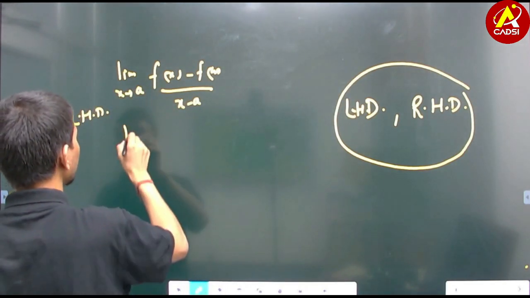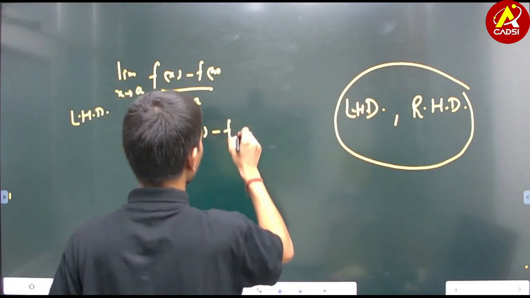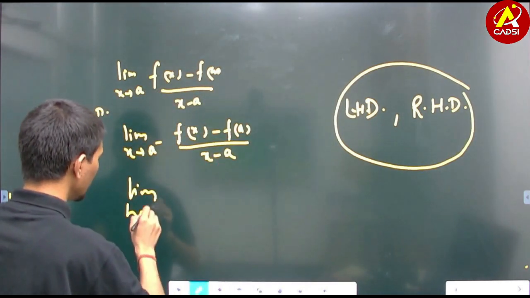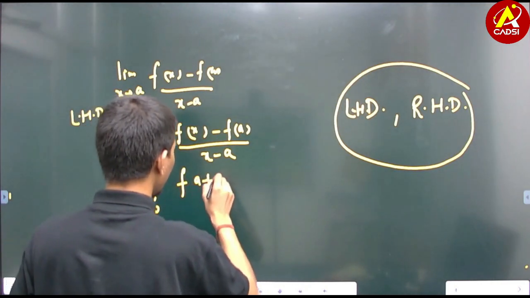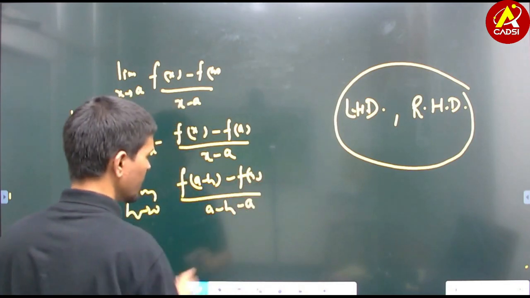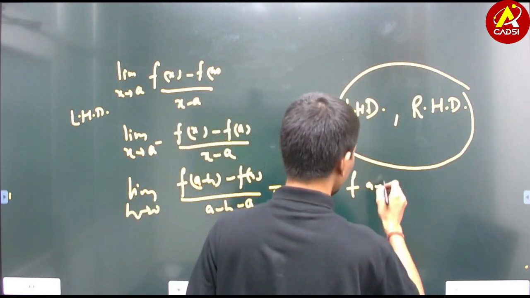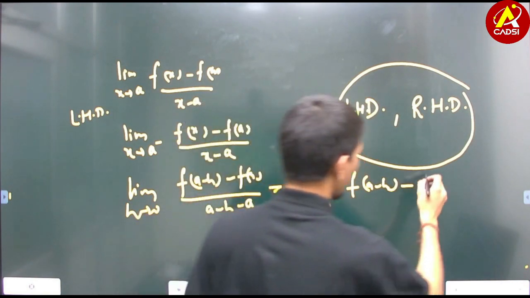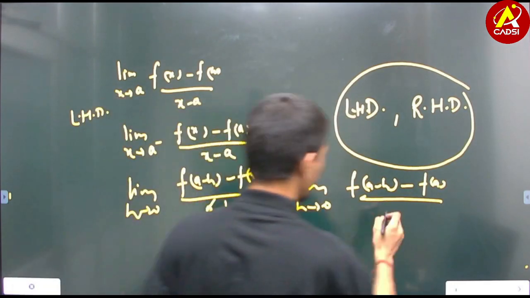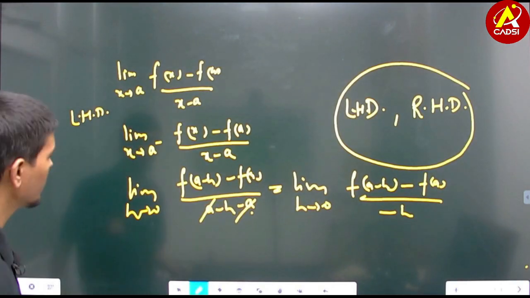Left hand derivative means limit x tending to a minus of f of x minus f of a upon x minus a, which means limit h tending to 0 of f of a minus h minus f of a upon a minus h minus a, which is limit h tending to 0 of f of a minus h minus f of a upon a minus h, the a's cancel out, and that's minus h. This is the left hand derivative.